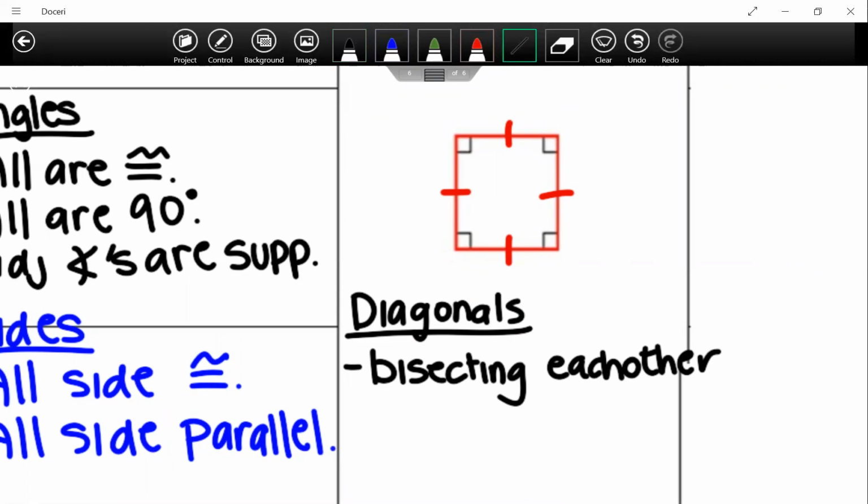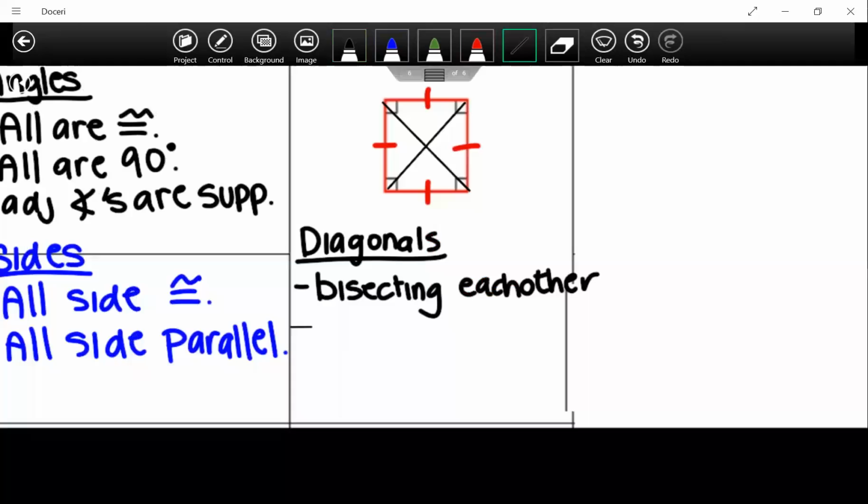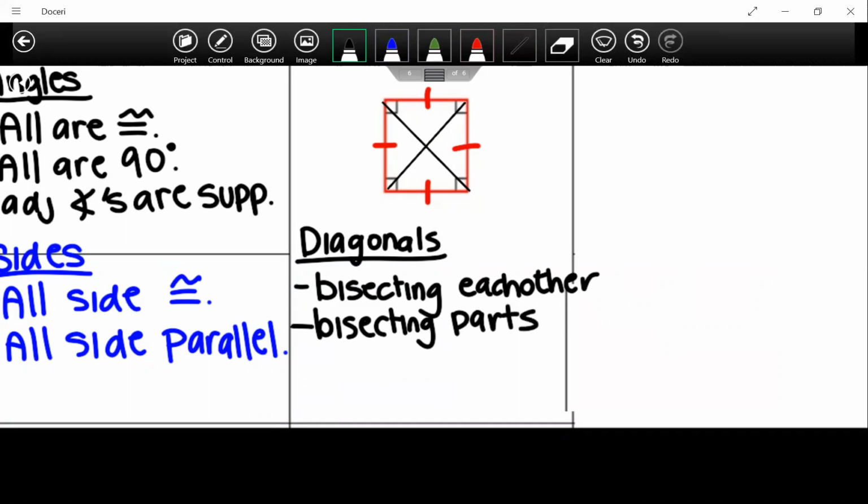We'll draw those in. Bisecting parts are congruent and form a 90-degree angle.